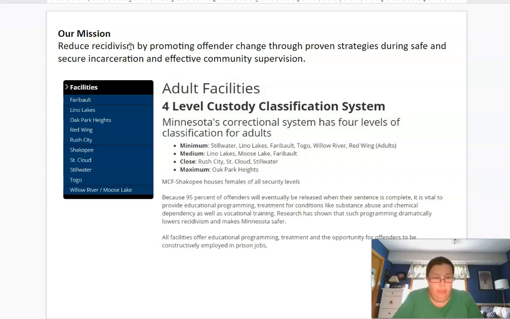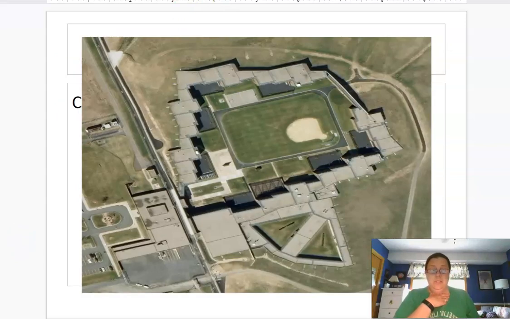They're trying to create a system where individuals in the prison system have the ability to gain skills and go through treatment, so that when released, they are able to become functioning members of our society. So we have these 4 prison level systems.